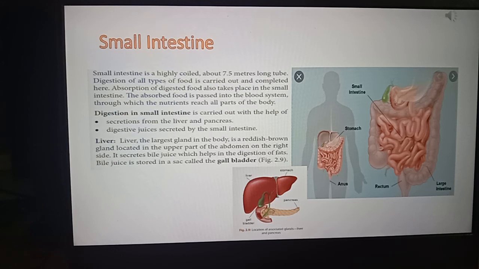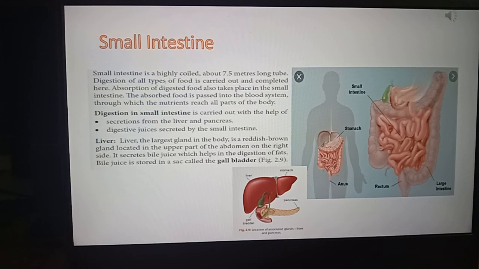How does it get broken down? I told you that pancreatic juice acts on protein. When it acts on protein, the protein gets converted into amino acid, which is the simplest form of food.